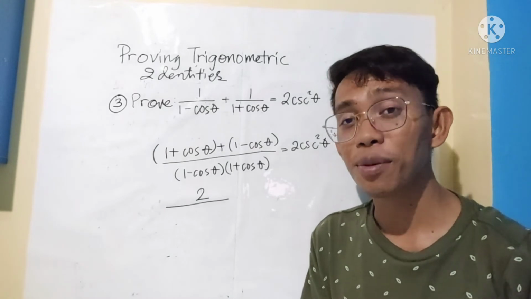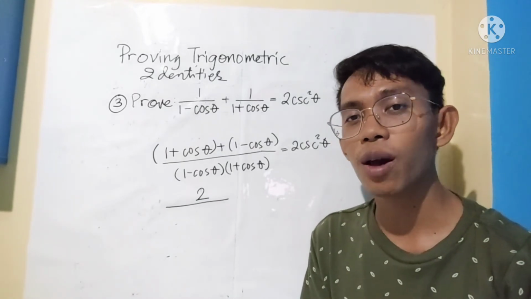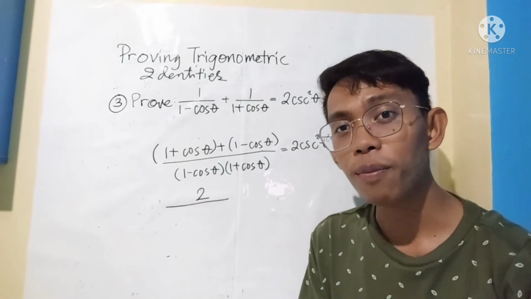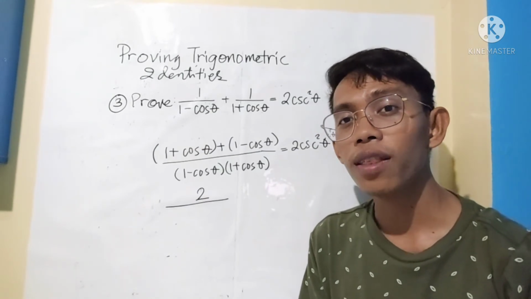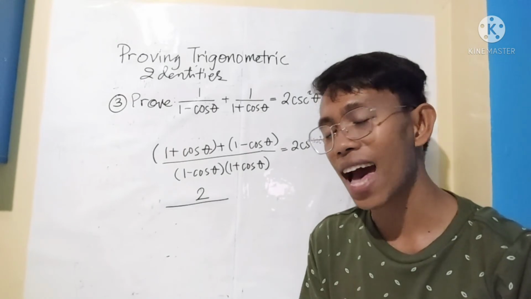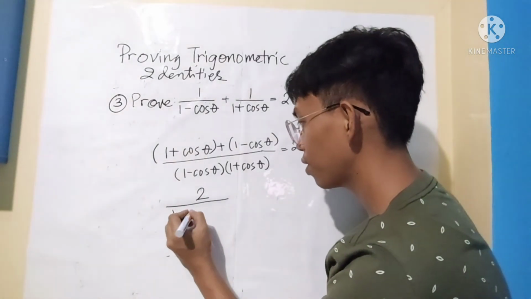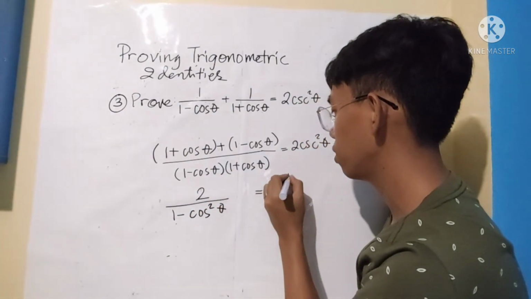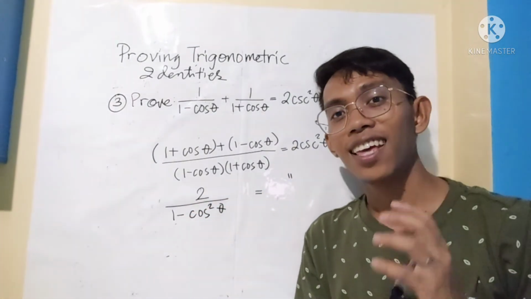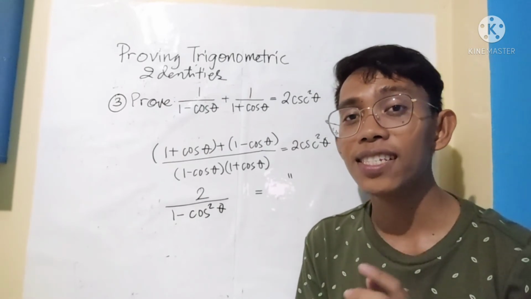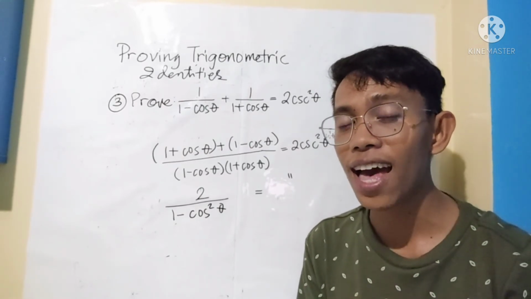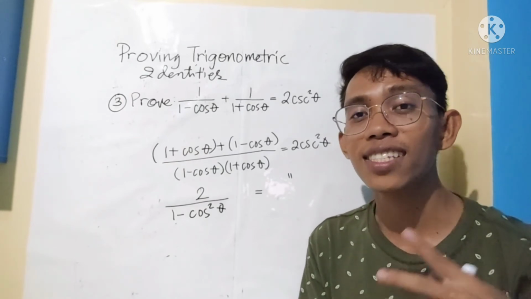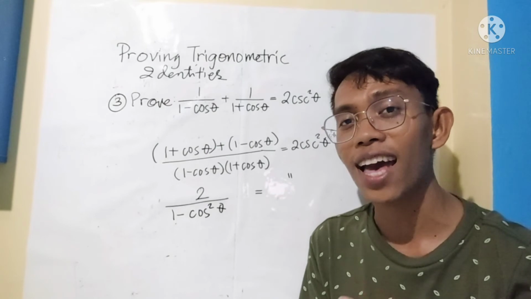Then, pwede na rin natin isabay yung pagsisimplify ng denominator. Because the product of 1 minus cosine theta and 1 plus cosine theta is 1 minus cosine square theta. And then, pwede natin palitan si 1 minus cosine square theta na sine square theta. Galing yan dun sa identity ulit natin na sine square theta plus cosine square theta equals 1.